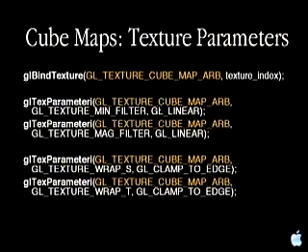Using cube maps is very similar to using regular two-dimensional textures. Instead of GL_TEXTURE_2D, we use a new constant, which is GL_TEXTURE_CUBE_MAP. And as you can see, setting the texture parameters is very similar to using regular two-dimensional textures.